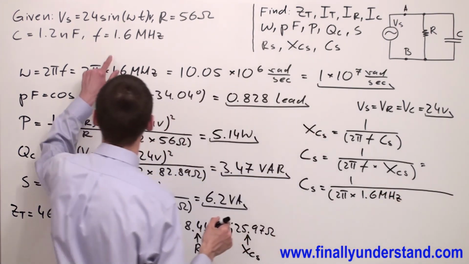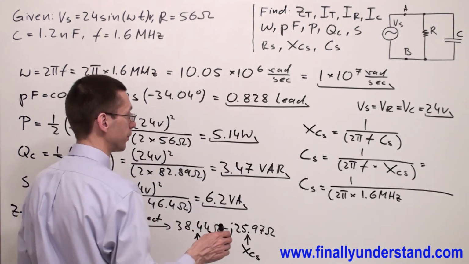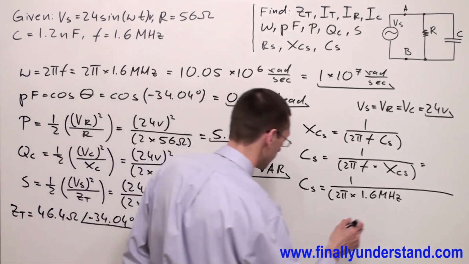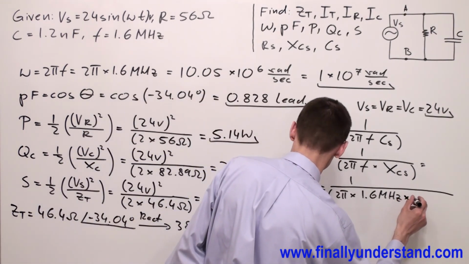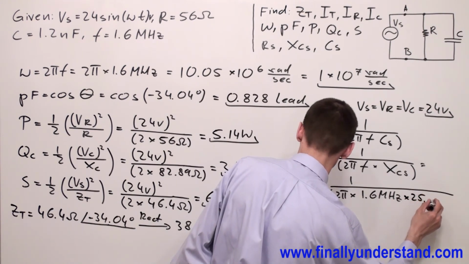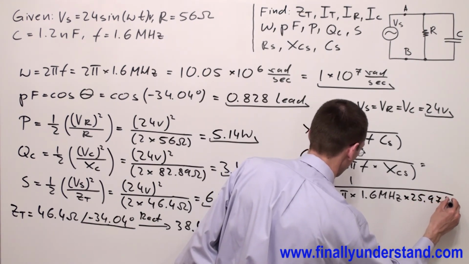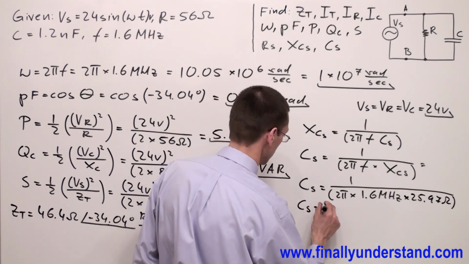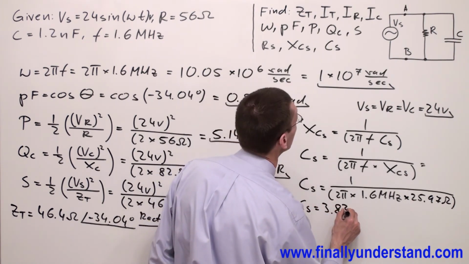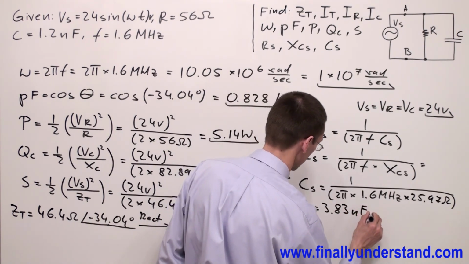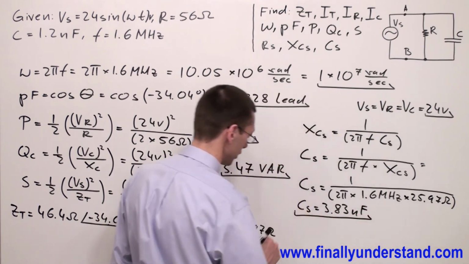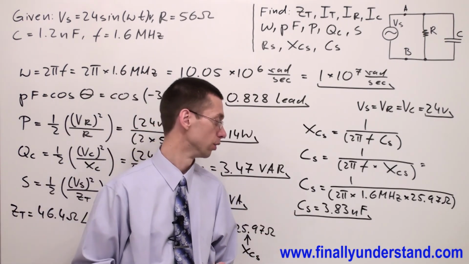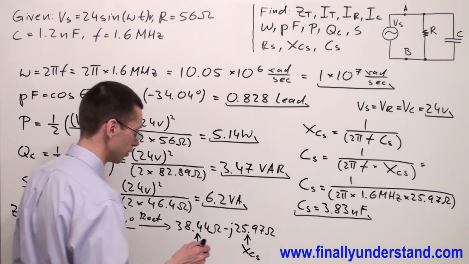Okay, the frequency was given, and X_CS we found is equal to 25.97 ohms. So my C_S is equal to 3.83 nanofarads. Okay, so I found the capacitance of the capacitor, which is going to be in my series equivalent circuit.